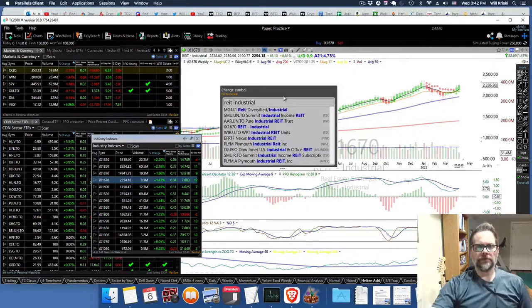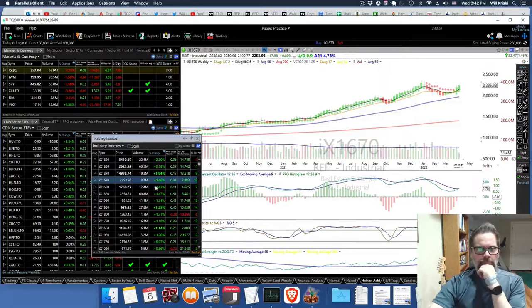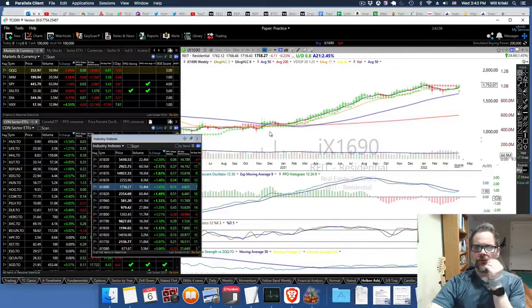Okay, yeah, it's not an ETF per se, but you'll get a REIT. You'll get a list of REITs here, if it happens to be, say, industrial in the name. So Plymouth, say for example, and that can help you find REITs. There's other ways to do this, but you can see the residential REIT started to poke up a bit.